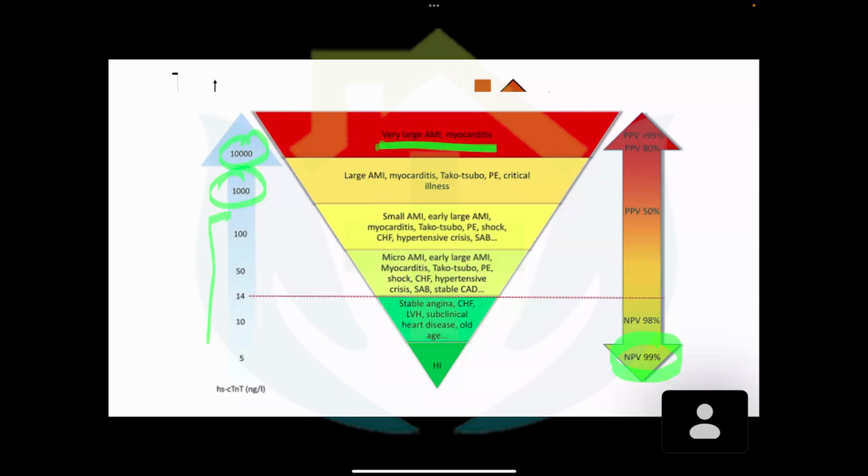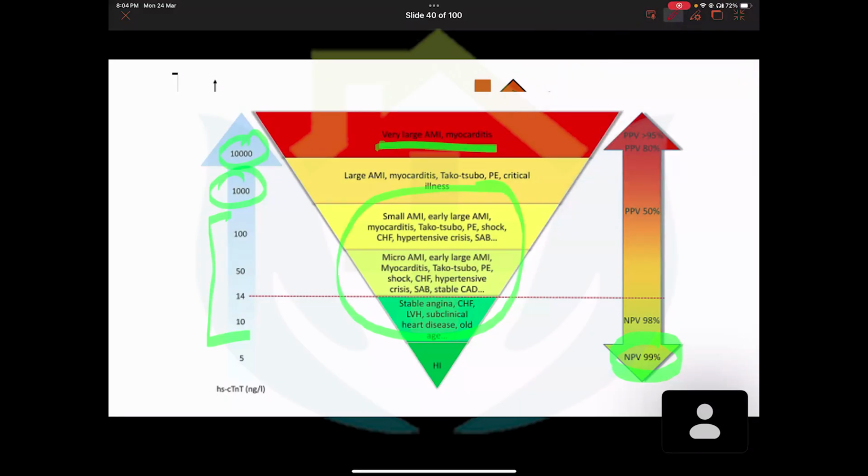But in the middle part, there can be all these causes which can cause a rise in HS troponin. So HS troponin is mostly for the negative predictive value, and if it is very high, then for the positive predictive value. For exam purpose, negative predictive value to rule out.